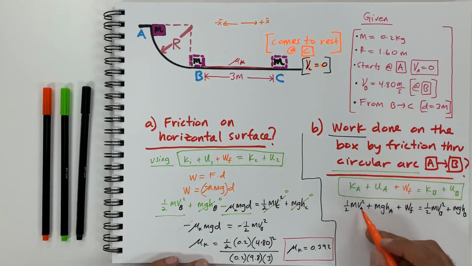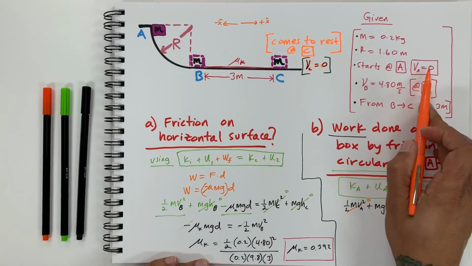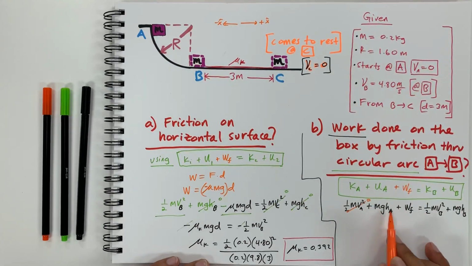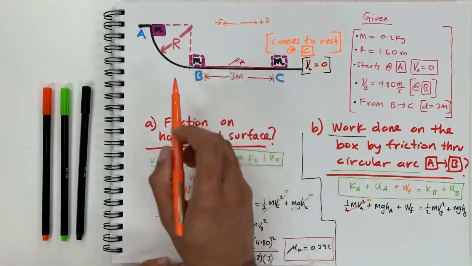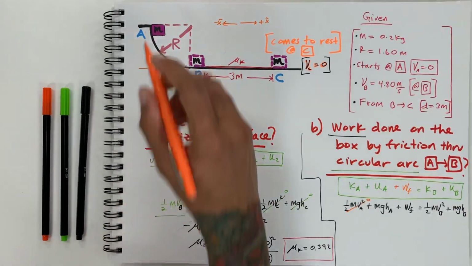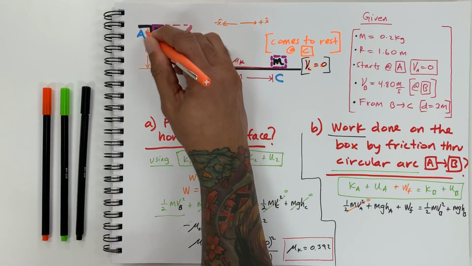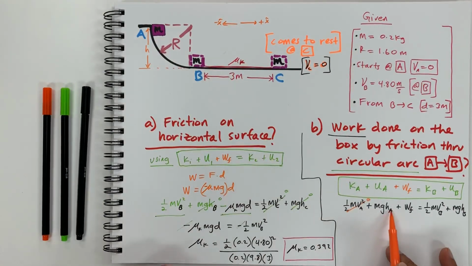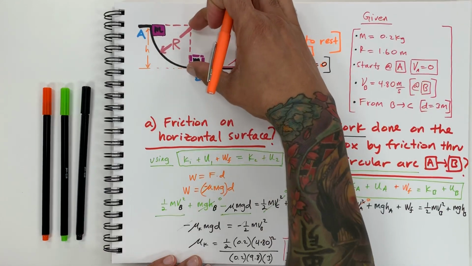All right, so what do we know? We know that the velocity initial at A is 0 because we started at rest, right? The height at A is all the way up here. So if this line is extended like that, what is this height right here? That's what this H A is all about. And so if you see that this H is the same thing as this height, right?